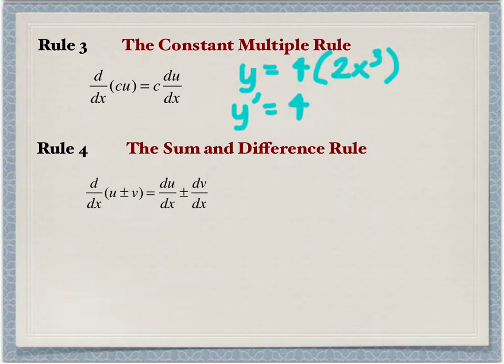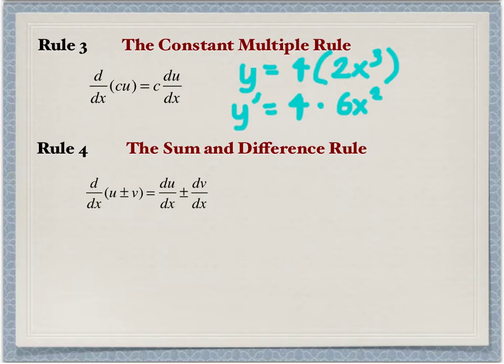That 4 is just going to stay there. Now I just need to find the derivative of what's in the parentheses, and by the power rule, we take 3 times 2, which is 6, times x, and then the power decreases by 1. Again, fairly similar to a combination of what we've seen earlier.